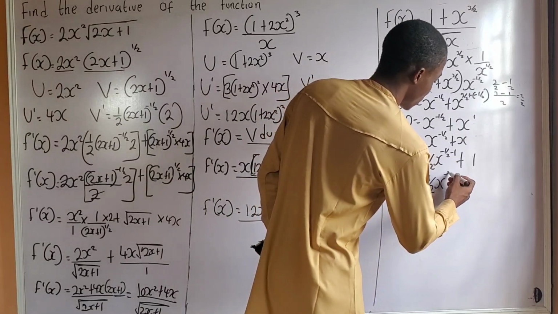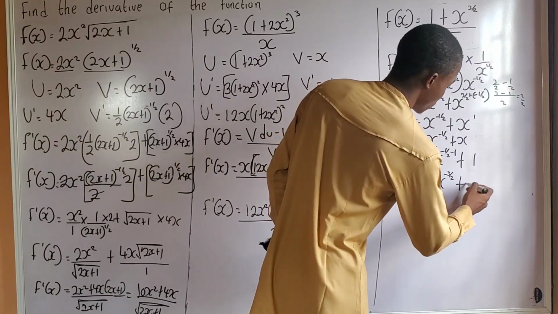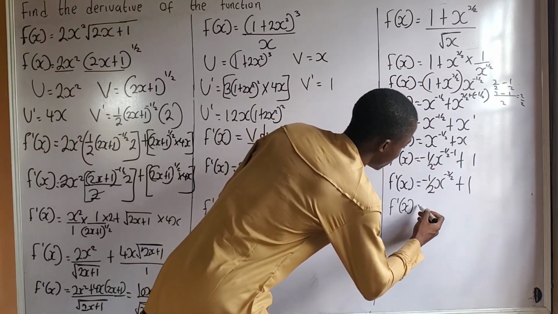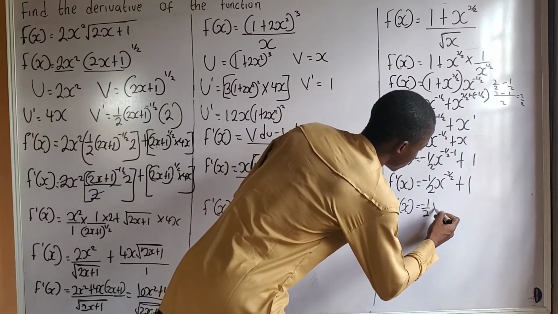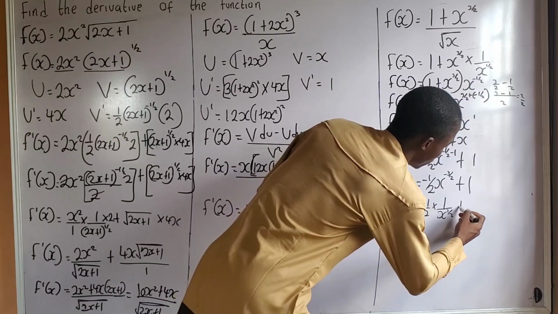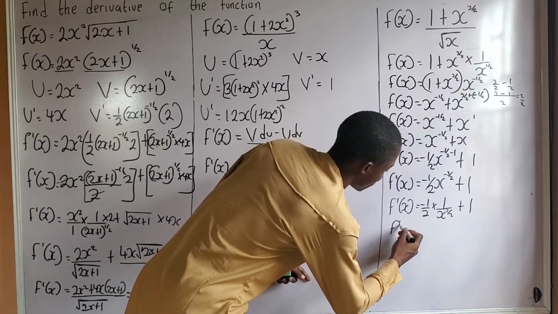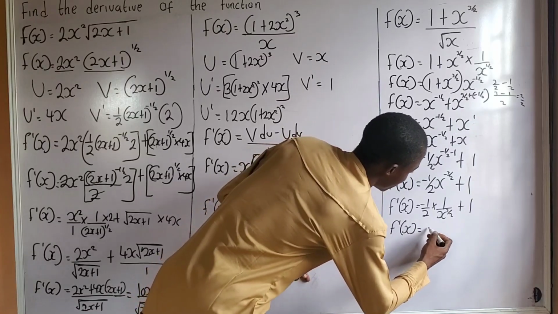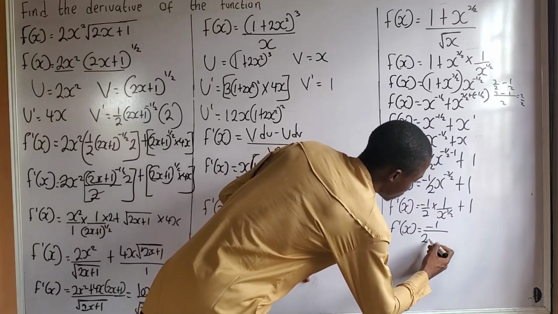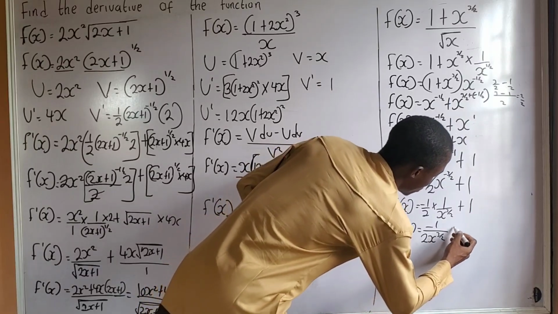So the derivative of f of x is negative 1 over 2 multiplied by 1 over x raised to the power 3 over 2, plus 1. That is negative 1 all over 2 times x raised to the power 3 over 2, plus 1.